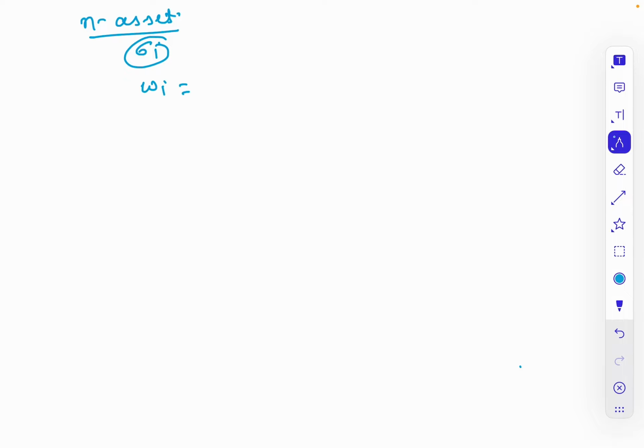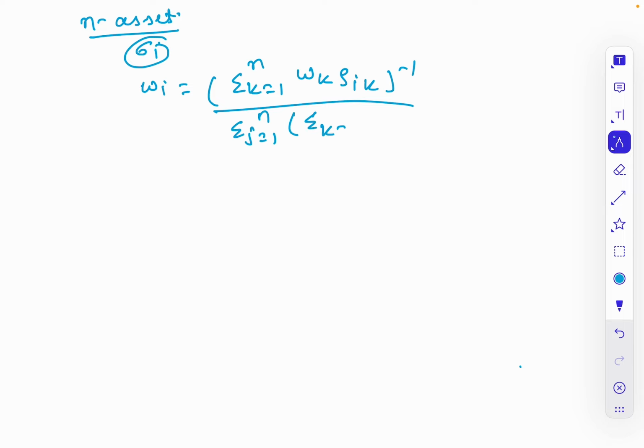Under this assumption, you will not be able to derive it because it is computationally extensive, but I'm just writing the expression here. So this is the expression of weight i in that case.